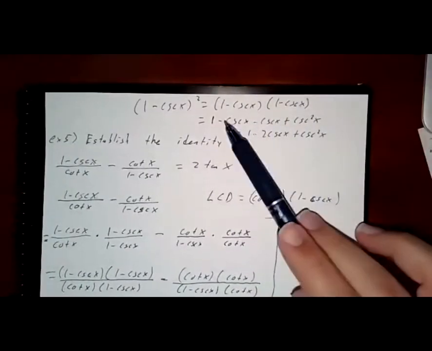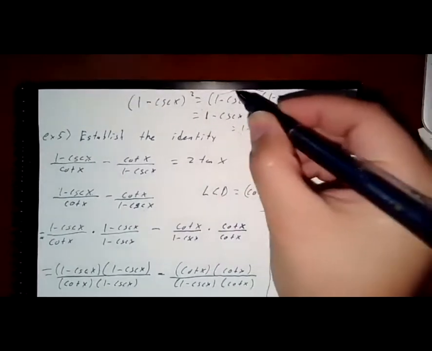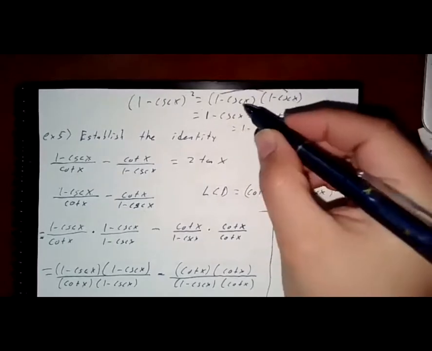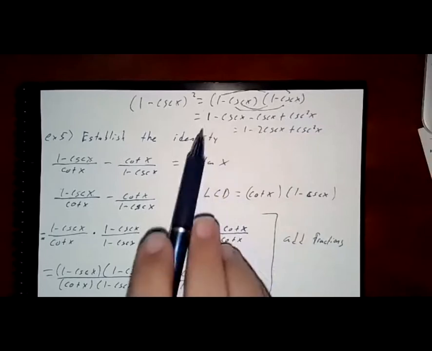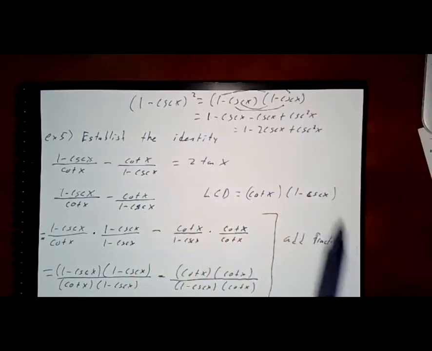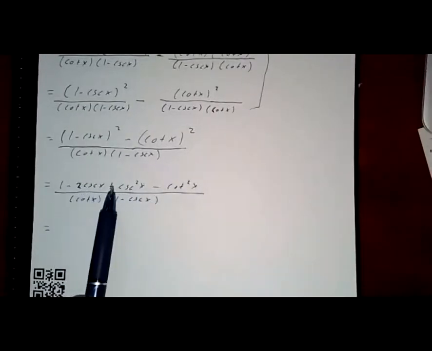You have to multiply this to get the 3 pieces. So 1 times this one, 1 times that last one, cosecant times this one, cosecant times that one. That's where these 4 pieces come from, which combine into this. So that's where this piece came from. Does that make sense? Yes, now it does. Thank you.